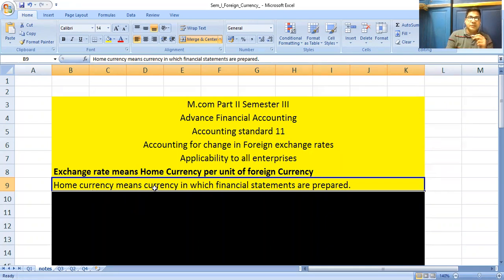The home currency means the currency in which financial statements are prepared.